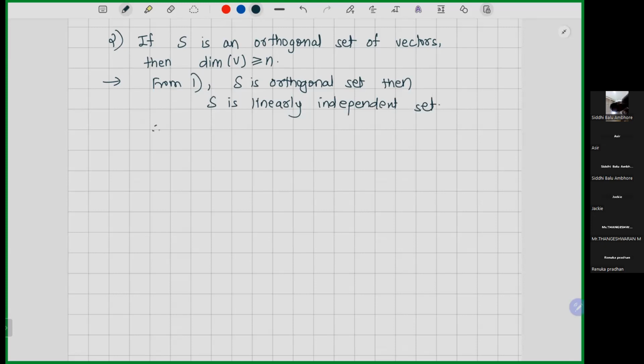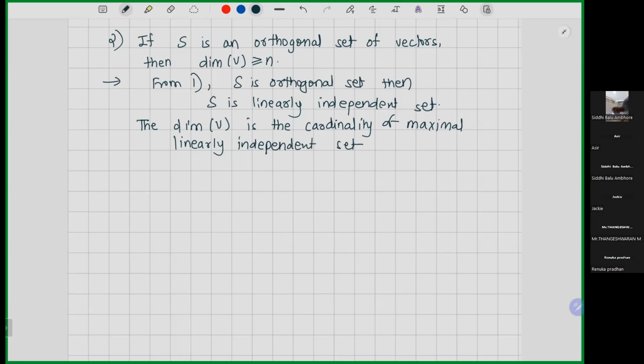So therefore the dimension of V is the cardinality of a maximal linearly independent set.